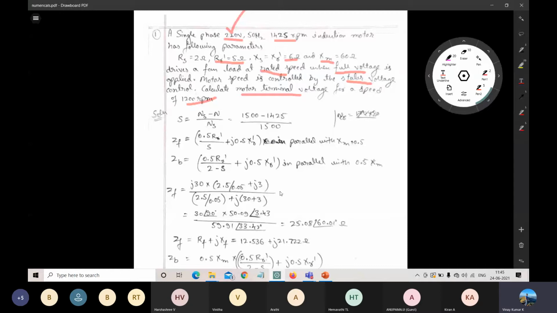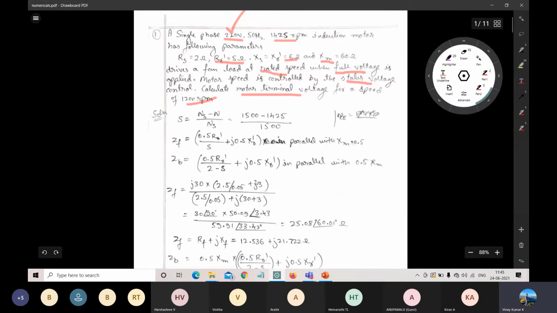So here they converted into polar mode. j30, j is nothing but at an angle of 90. Using your calculation you can do this.